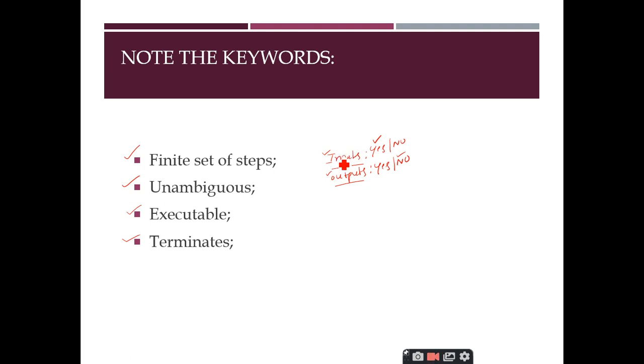You may have inputs for the algorithm or you may not. So you can write an algorithm without inputs also, but you cannot write an algorithm without outputs. These two points are very important. Is it clear up to this point?